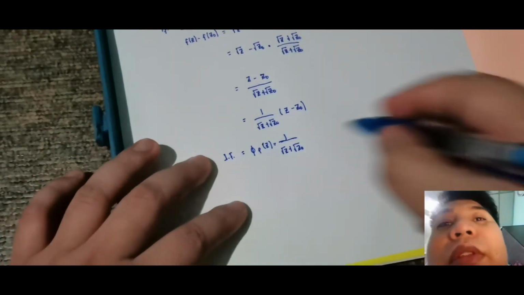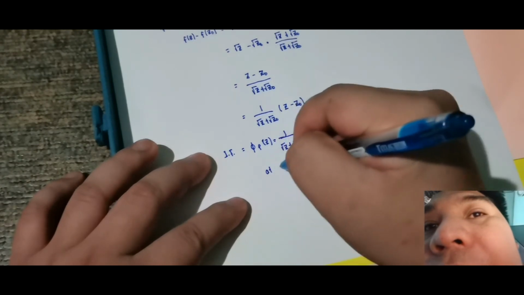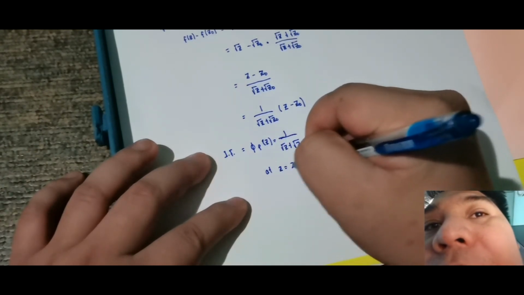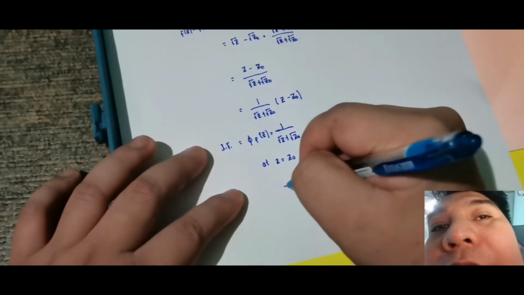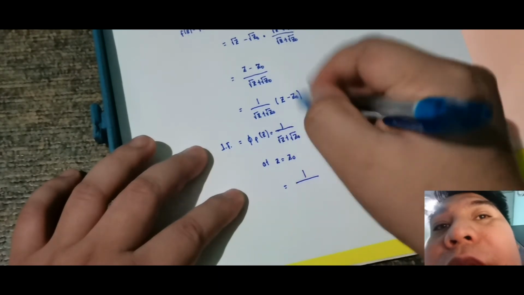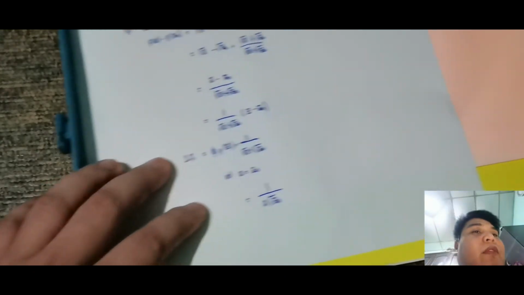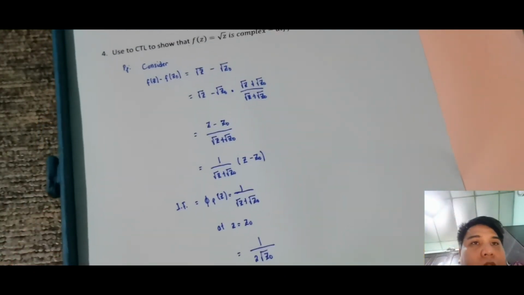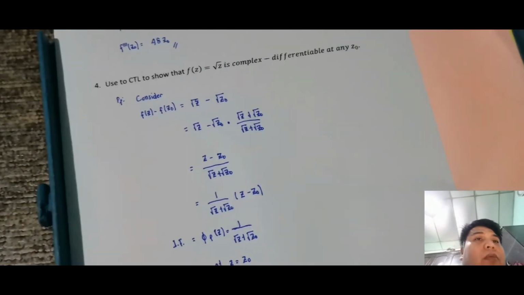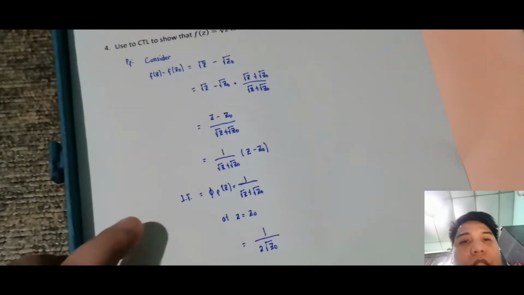Ito yun. Okay, so at c equal to z naught, that is equal lang sa 1 over 2 square root of z naught. Provided na si z naught is not equal to 0, so this exists. Provided na si z naught is non-zero, this exists.